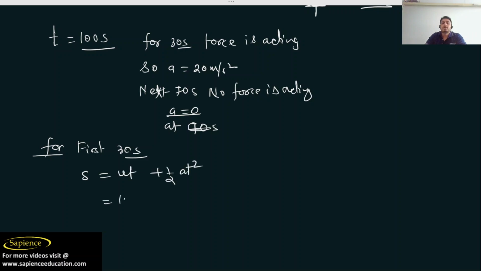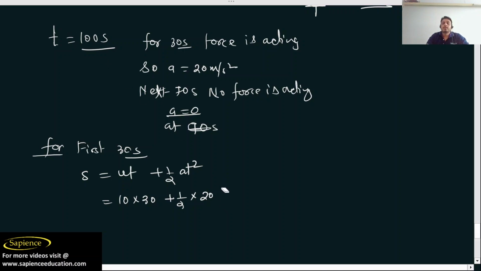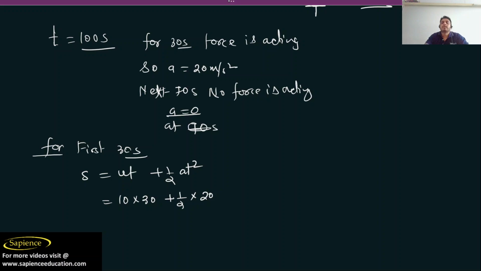So this is 10 into time 30, plus 1 by 2 into acceleration 20 meter per second square, into time 30 square.